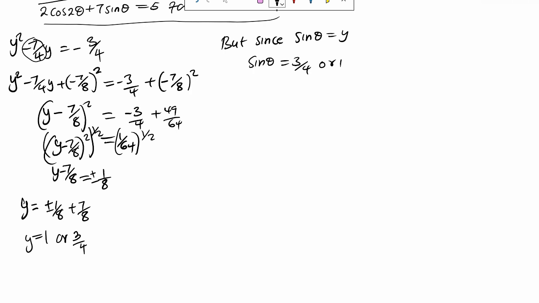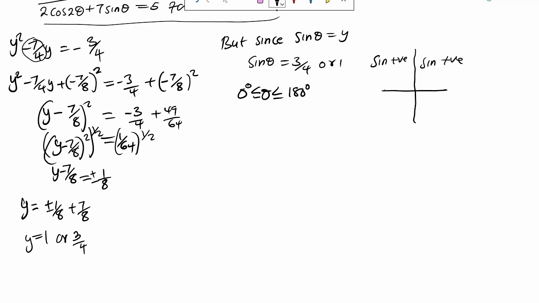All right, now the question restricted us to get the values of theta ranging from 0 degrees to 180 degrees. And if I can just sketch my quadrants, remember sine is positive in the first and the second quadrants.